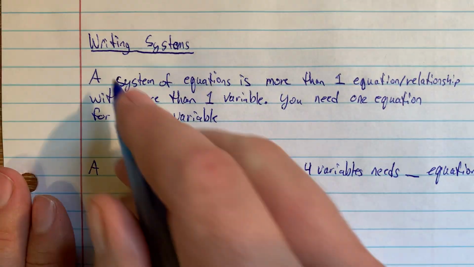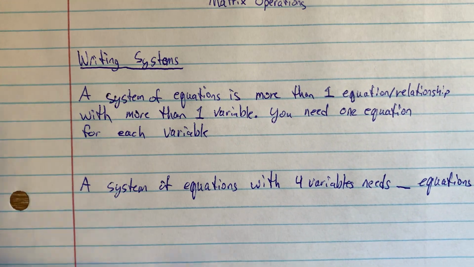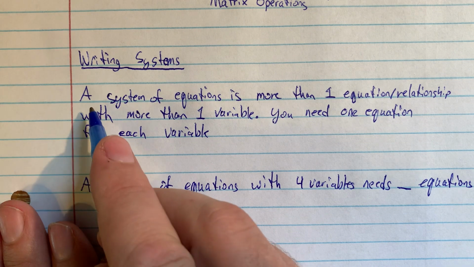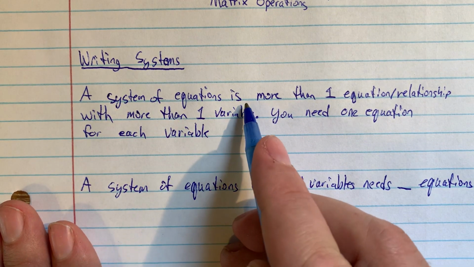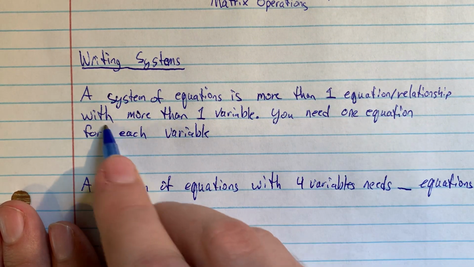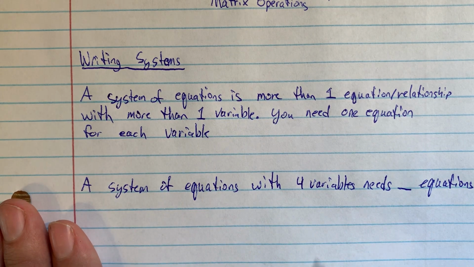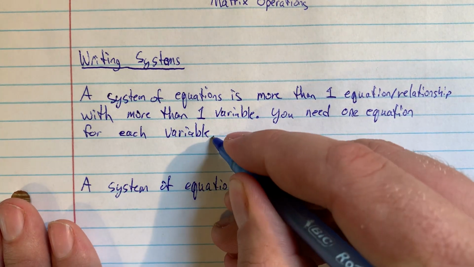We're going to be writing systems of equations. And before we get there, let's talk about what a system of equations is. A system of equations is when there is more than one equation with more than one variable. You need one equation for each variable.